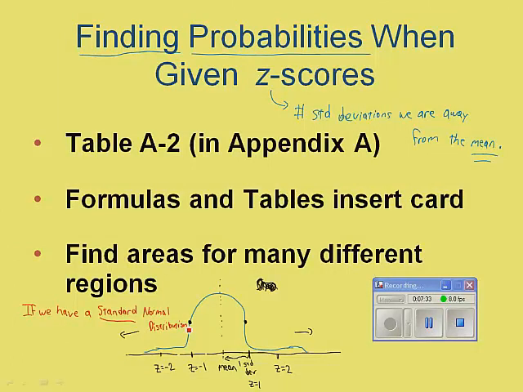And I said, what's standard? I'll have to explain that. If we have a standard normal distribution, then I'm going to write two things. Make sure you guys know what I'm saying here. If I write this, do you know what that says? The mean is 0. That's right. Mu, the mean, is 0.